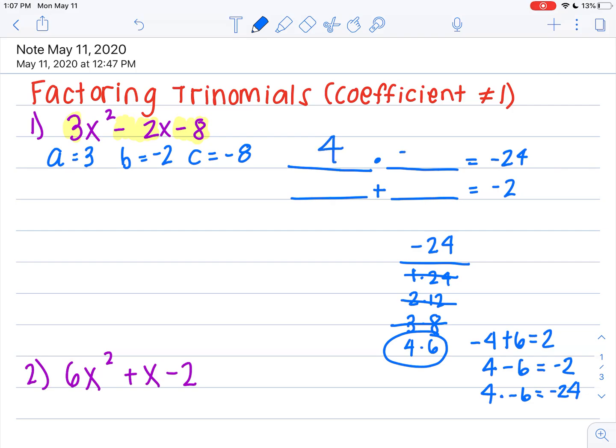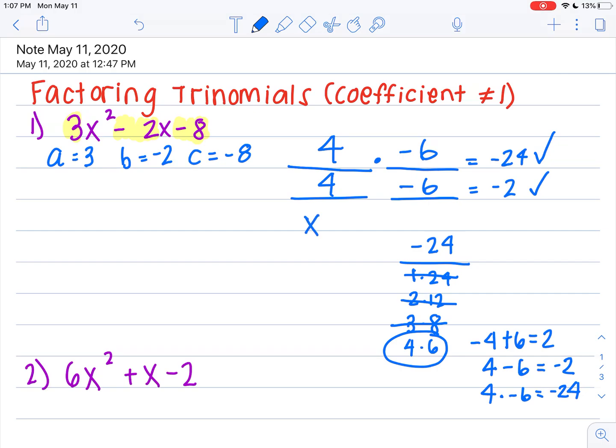So that checks out. So our two numbers are 4 and -6. And if you have a negative and a plus, remember to erase that plus. It just makes it more confusing. You don't need the plus and a negative next to it. So 4 times -6 is -24. That checks out. 4 minus 6 is -2. That checks out, which means these are our numbers here.